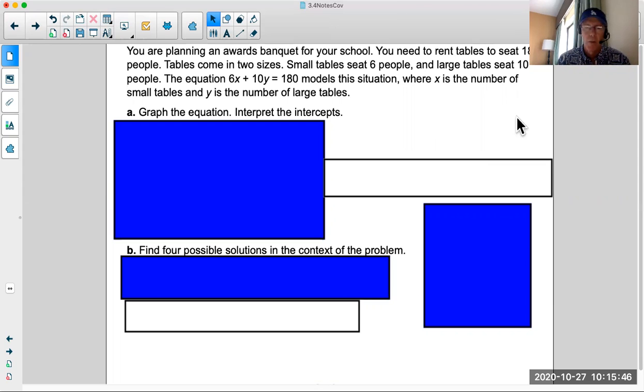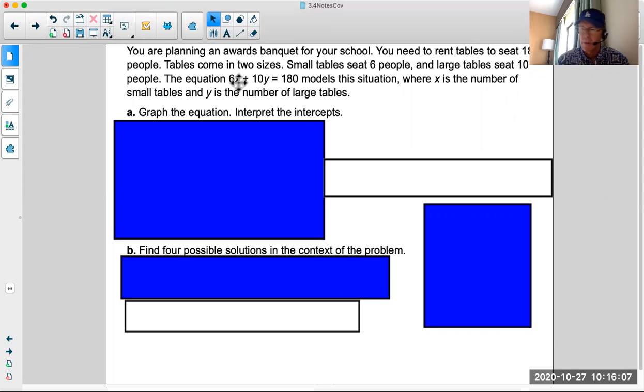Okay, so the equation, they're actually giving that to you, that represents this situation is 6x plus 10y equals 180, okay? And x is the number of small tables and y is the number of large tables. So let's analyze that for a second. 6 would be the number of people, x would be the number of small tables.